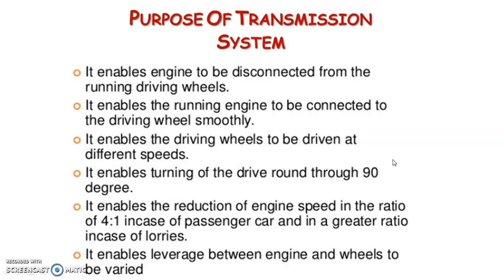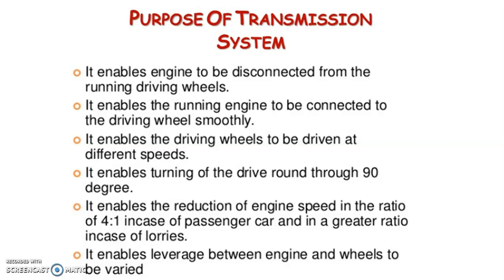Let us see what is the purpose of the transmission system. The transmission system enables the engine to be disconnected from the driving wheels. It enables the running engine to be connected to the driving wheels smoothly. It enables the driving wheels to be driven at different speeds. It enables turning of the drive through 90 degrees. It enables the reduction of engine speed in the ratio of 4:1 in the case of a passenger car and in a greater ratio in the case of lorries.